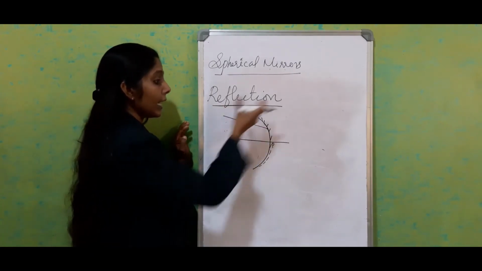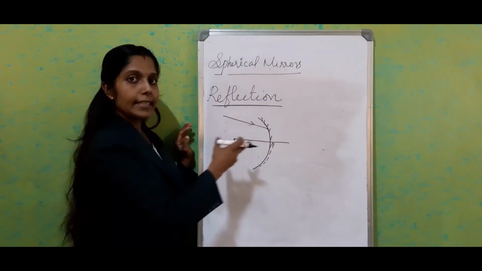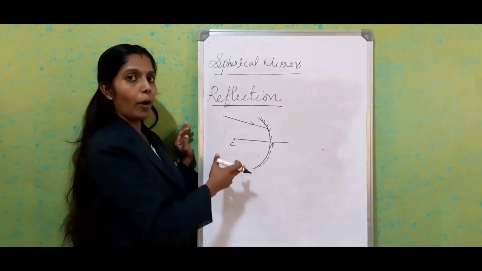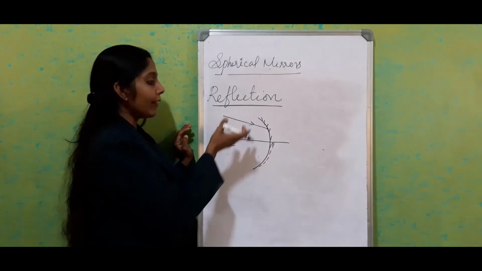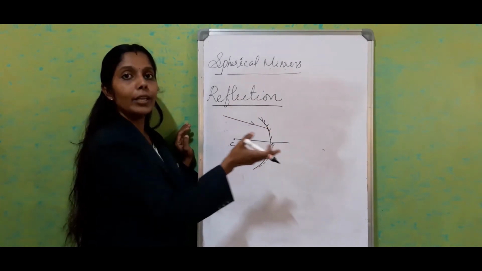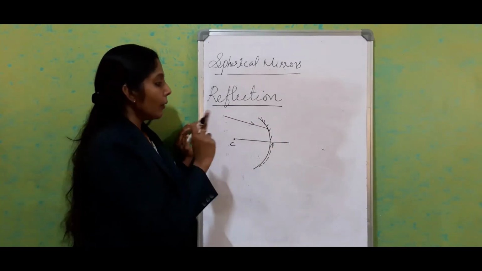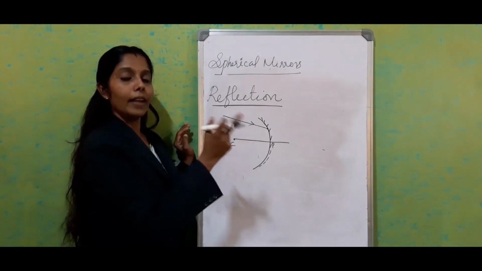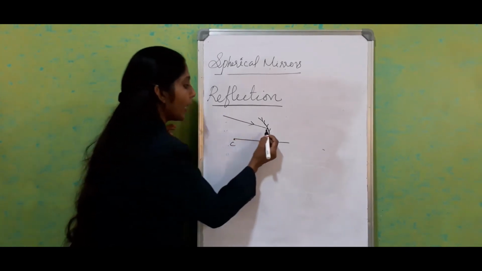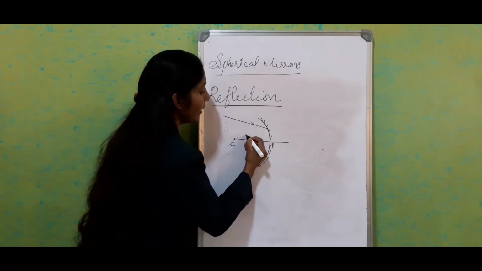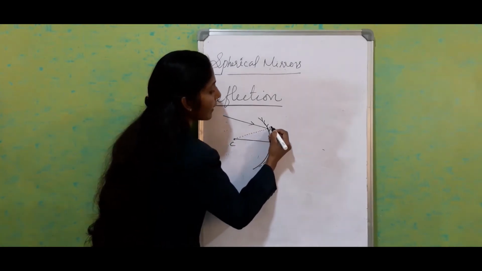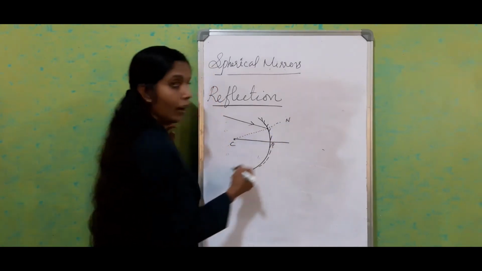And to any point, if you consider this 360-degree angle, if we draw a line to that point, it will make a perpendicular. So we have to draw a normal that should pass through the center of curvature and this point. So this is our normal.